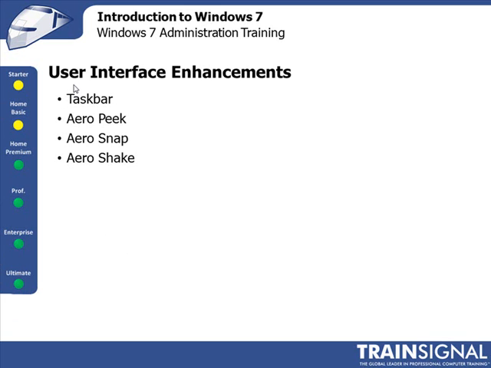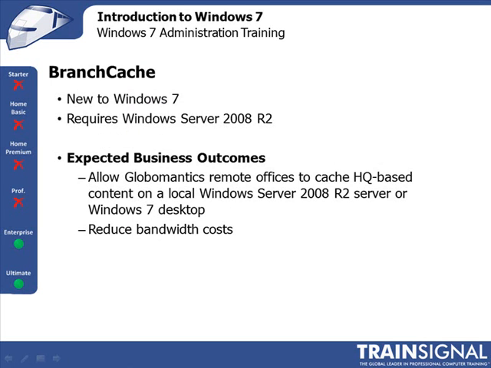So, user interface enhancements are partially enabled in the Starter Edition and Home Basic editions of Windows 7, while all of the features are fully functional in Home Premium, Professional, Enterprise, and Ultimate. If there's a red X instead of a yellow splotch or a green splotch sitting there, that means that feature is completely non-existent in that particular edition of Windows. We'll be using this exact same graphic throughout the course to help you learn and identify which editions of Windows have which features.